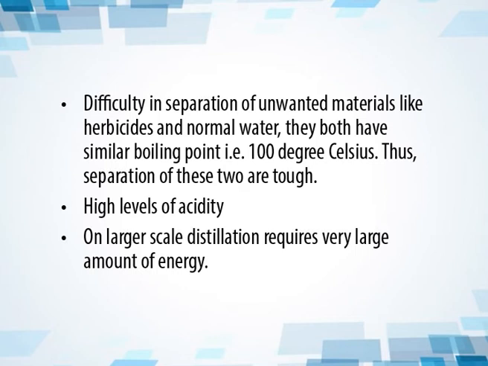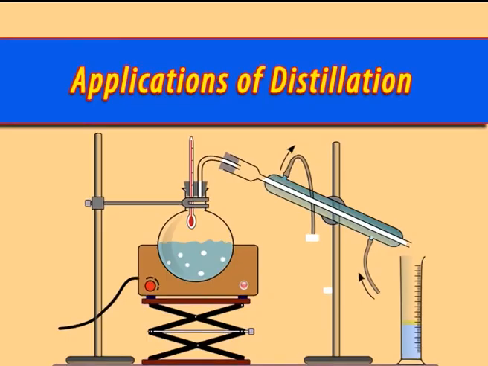Thirdly, difficulty in separation of unwanted materials like herbicides and normal water. They both have similar boiling points, that is 100 degrees Celsius. Thus, separation of these two is tough because of high levels of acidity. On a larger scale, distillation requires a very large amount of energy.